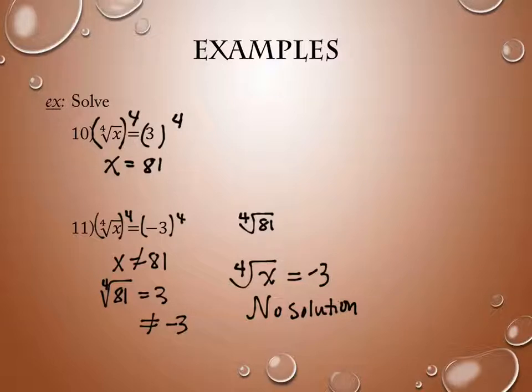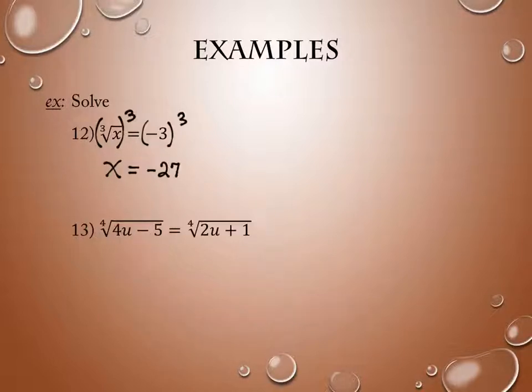If I took an 8th root, I can't get a negative. But if I did a 5th root, I could. If I did a 7th root, I could. So it's an even versus an odd issue. Even indexes, I can't have negatives, but odd indexes I can. Does that make sense for everyone?